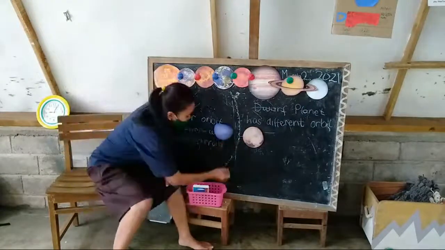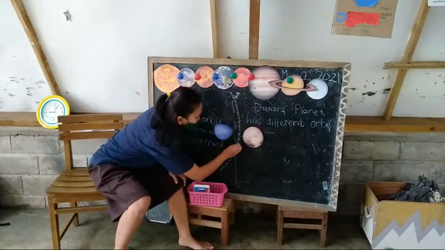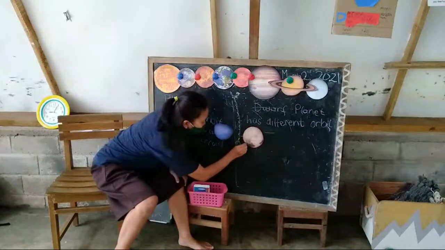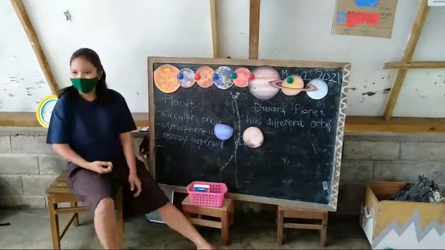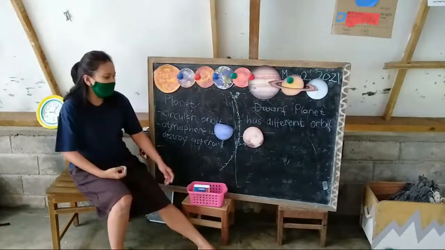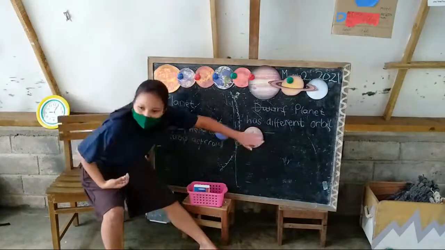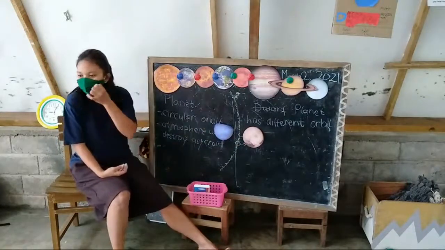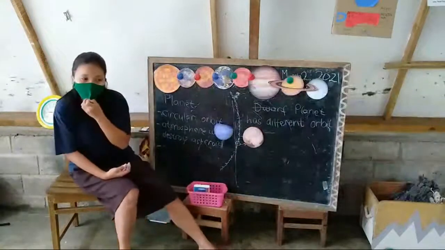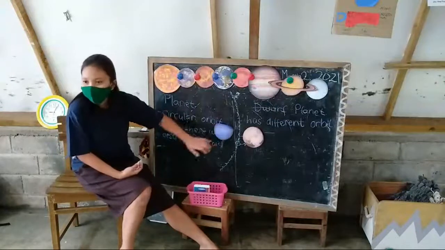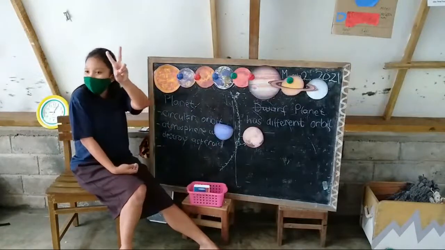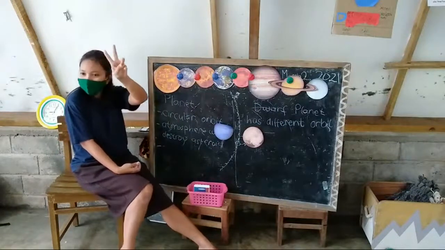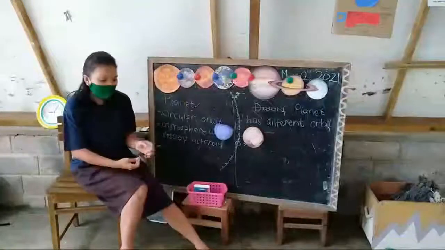Have you ever seen something like this? Okay. Pluto is like an asteroid located after Neptune. You can get 2 stickers if you can answer my question.